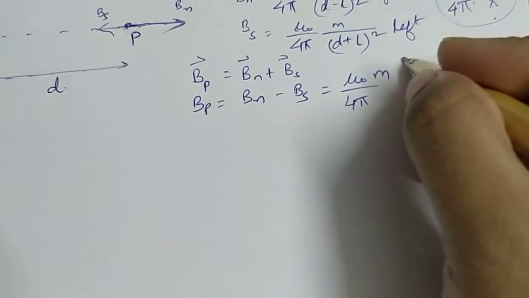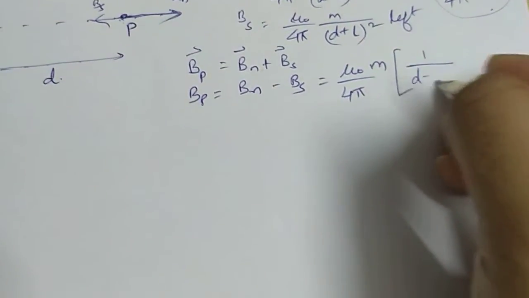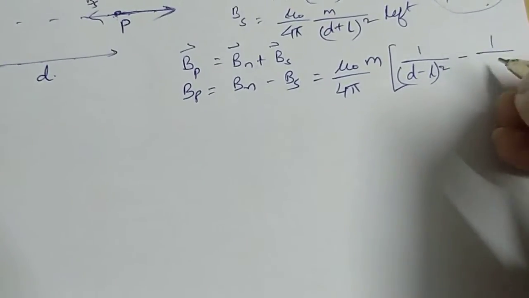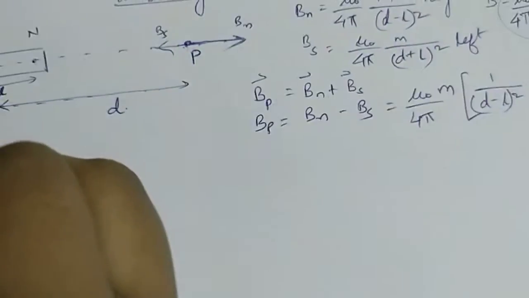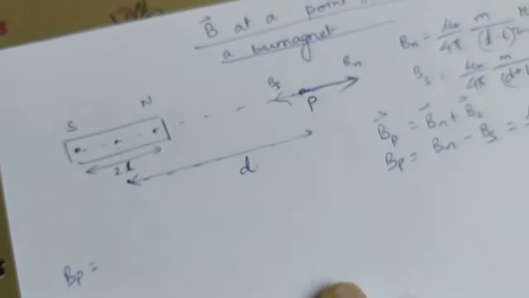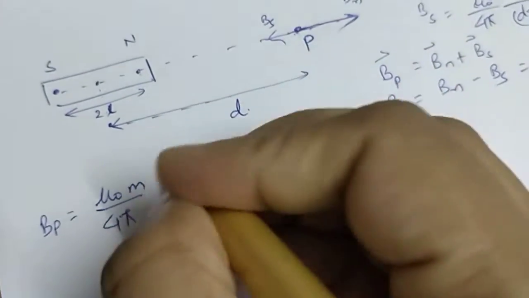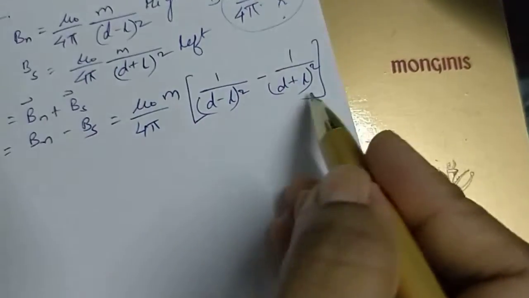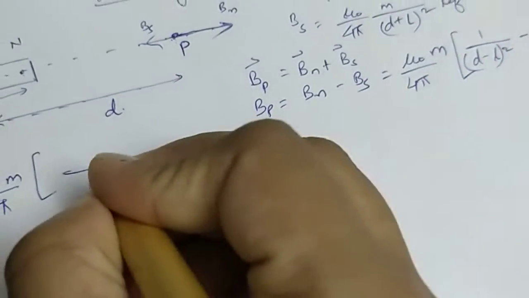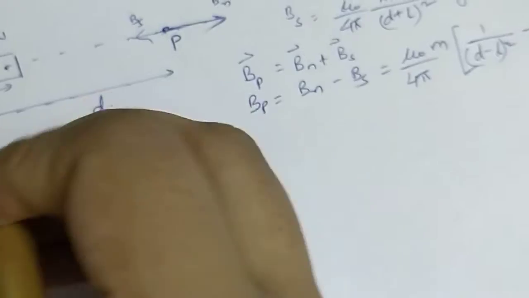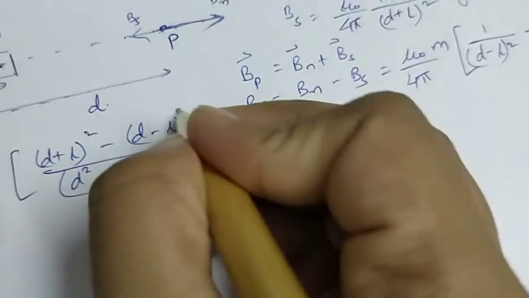The magnetic pole strength is also the same, so common: 1 upon D minus L square minus 1 upon D plus L square. So BP is equal to mu naught m by 4 pi, and then the LCM will be D square minus L square whole square, and in the numerator D plus L whole square minus D minus L whole square.